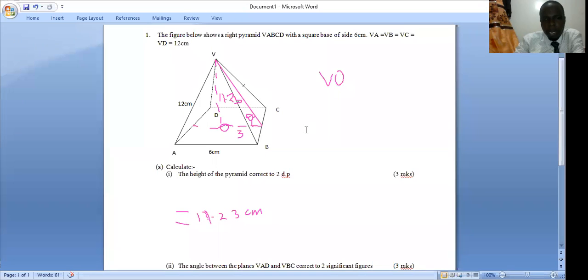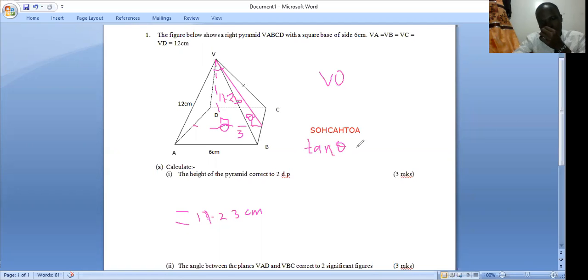In that case, we agreed earlier that we need to use SOHCAHTOA. If you look at this, we have 90 degrees forming at that point. So we have opposite and adjacent. We use tan. So we say tan.